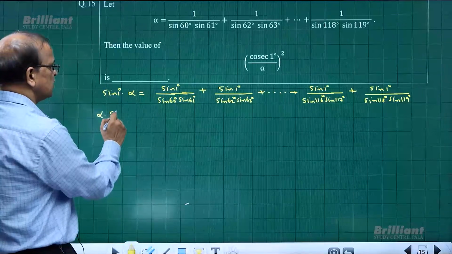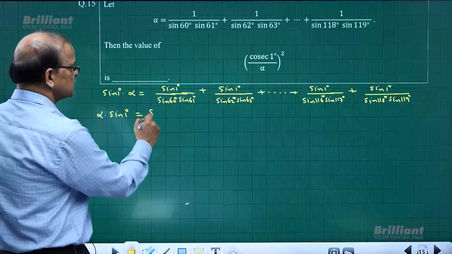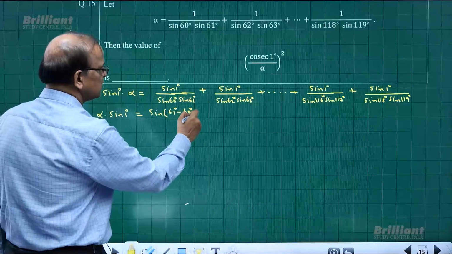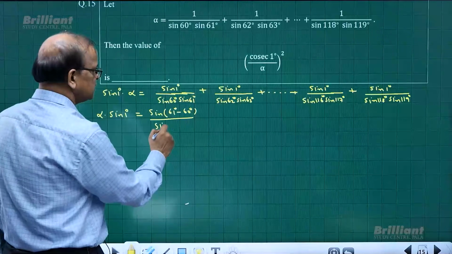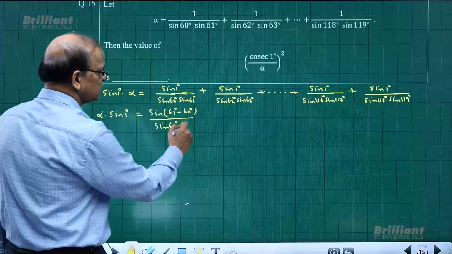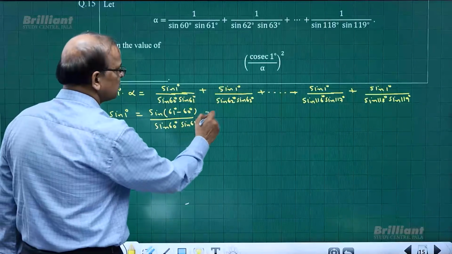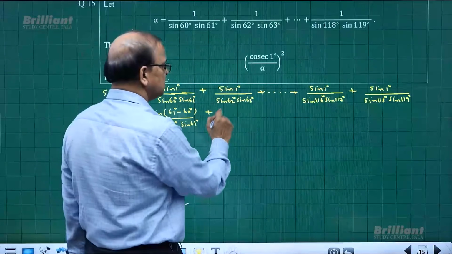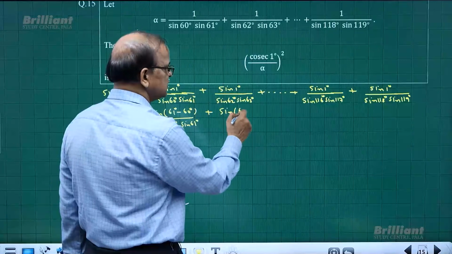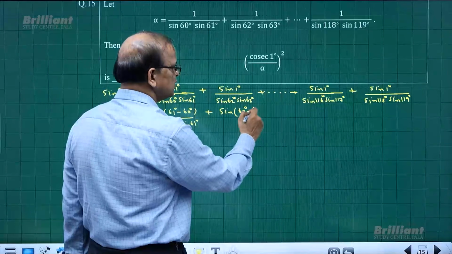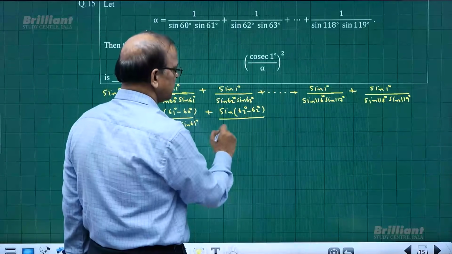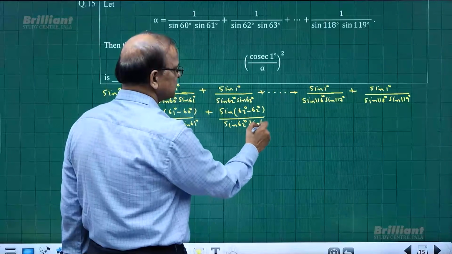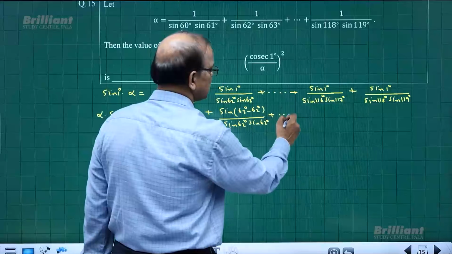So alpha into sin 1 degree is equal to sin(61 minus 60) by sin 60 into sin 61, plus, this is 63 minus 62, right, this is sin 1 degree, so sin(63 minus 62) by sin 62 sin 63, plus and so on.